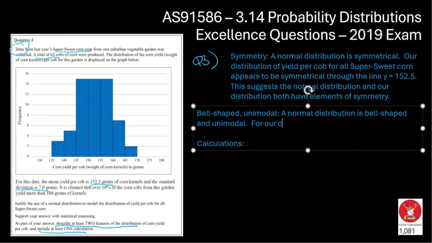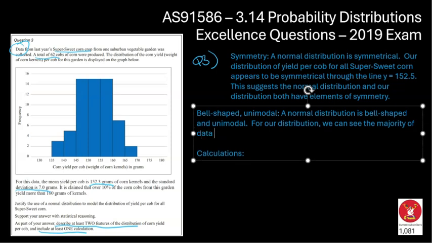For our distribution, we can see the majority of data centrally located between 145 grams and 155 grams. And that's what you'd expect in a bell curve, right? You've got most of the data in the middle, and then there's a smaller, less frequent amount on the tails.